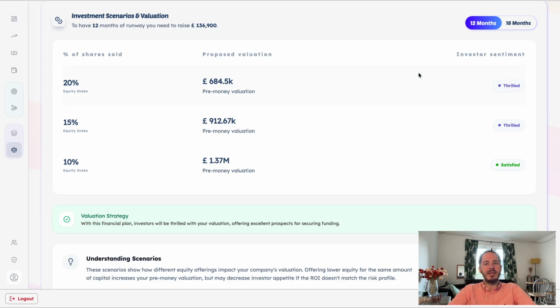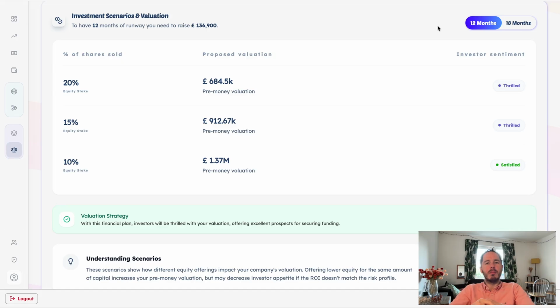If we look at the 18-month tab, you will see that one of the sentiment changes to satisfied, as the valuation is getting closer to your maximum cap. In many cases, you may see ratings like natural, meaning it's within the range investors would broadly accept, or red flag, meaning investors may question whether the valuation is supported by evidence in your plan, or backing out, meaning the valuation is likely too high relative to your traction and investors may walk away.